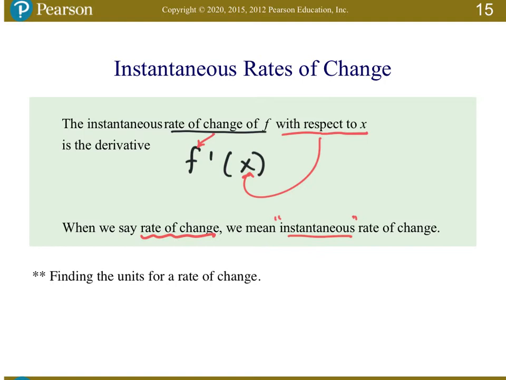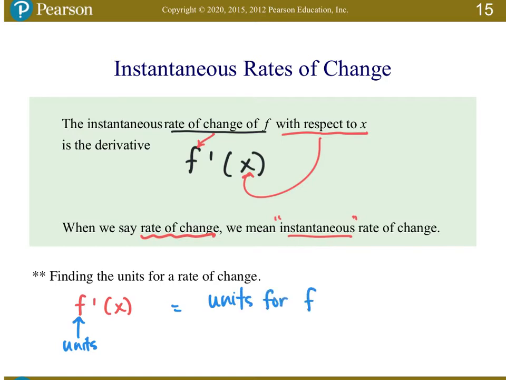Now the units for a rate of change: you always look for the units for f, or the units for that function. And so the units for f will always go on the top.